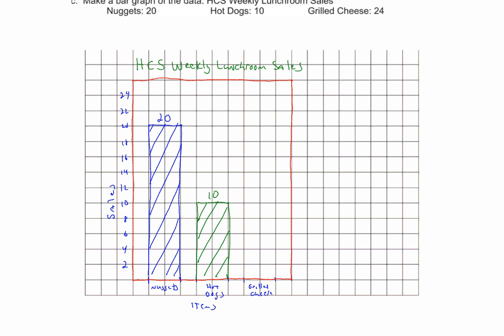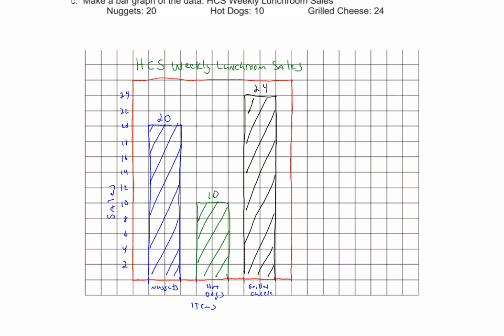Grilled cheese, the most popular item, 24. Again, normally I would use a straight edge, and you would too, because you want your graph to look nice. And the vertical lines fill the purpose, right? And a 24 on top. And there you go. And that's a good bar graph.